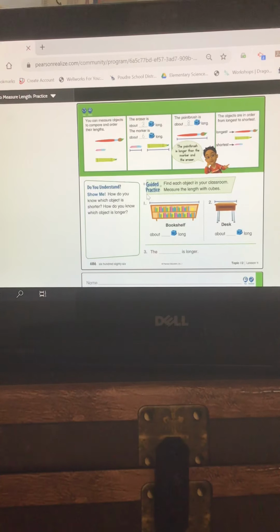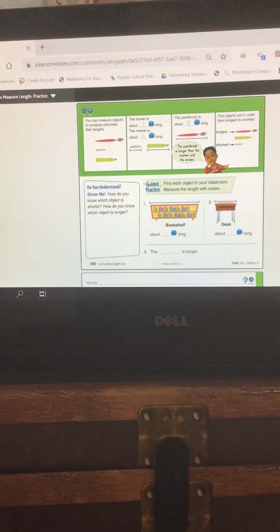If I were to measure this picture, then it would probably be about 3 cubes long. If I were to measure at school our bookshelf, we were probably thinking that it is probably about 50 cubes long.